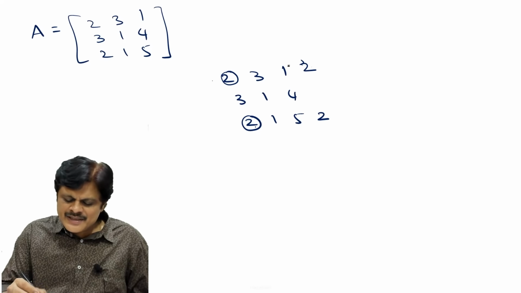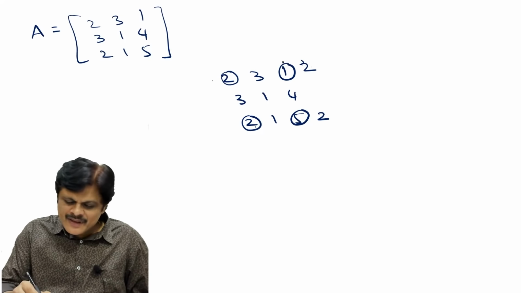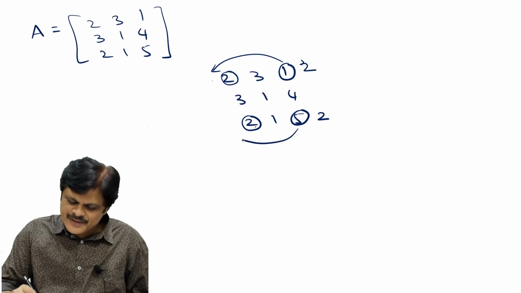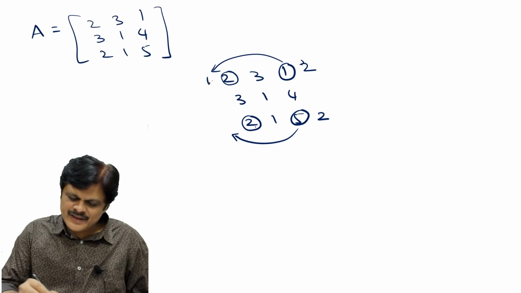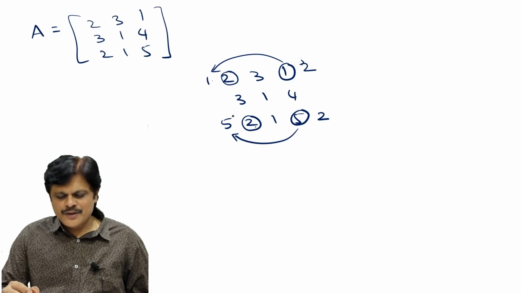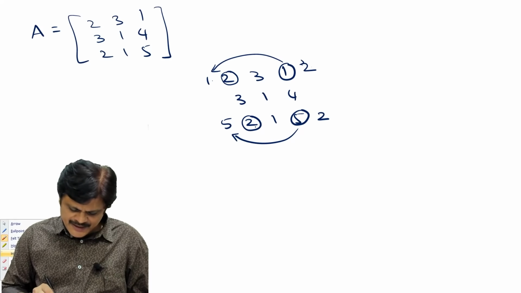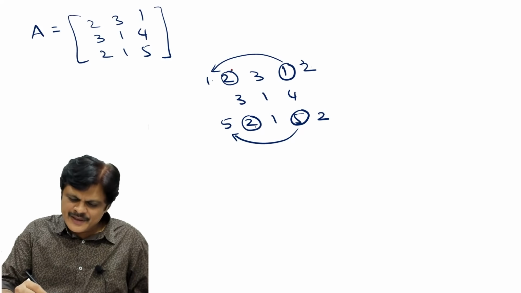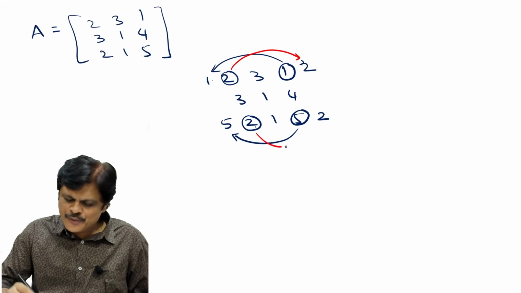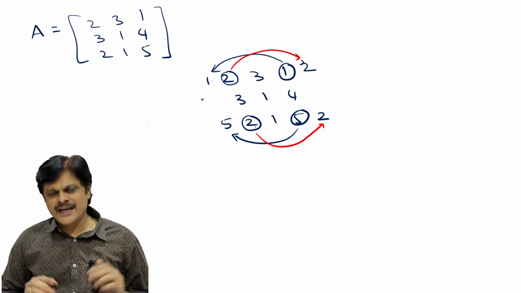Now you have these two elements, right? We have to write them in these positions, that is 1 here and 5 here. Hope you understand. Let us use two colors so that you understand which elements went where. These two elements went here and these two elements went here. This is the idea.